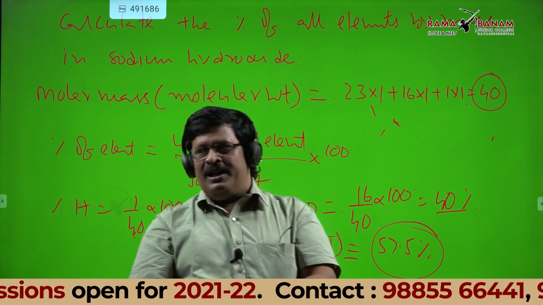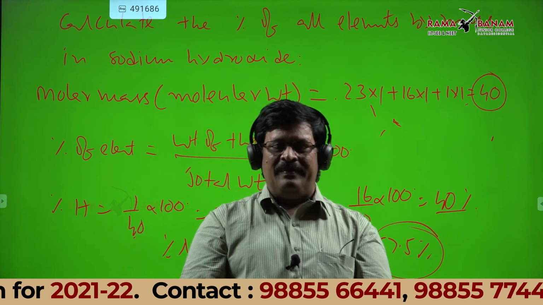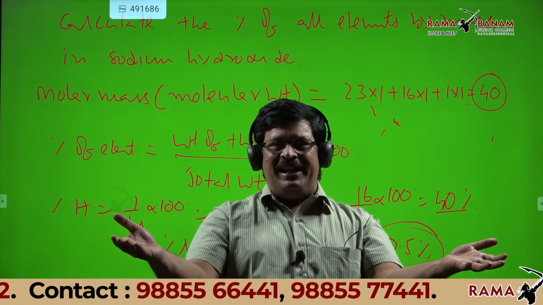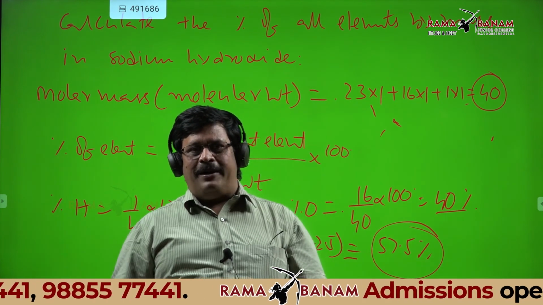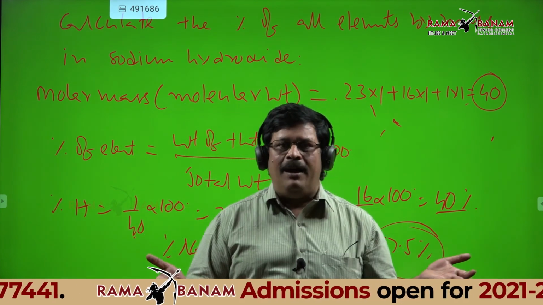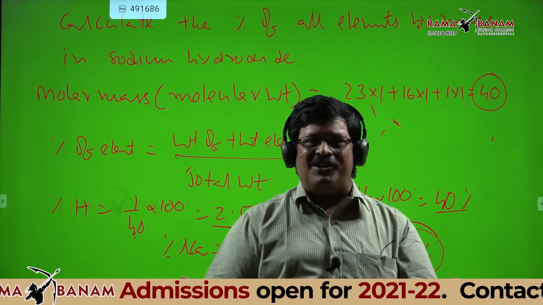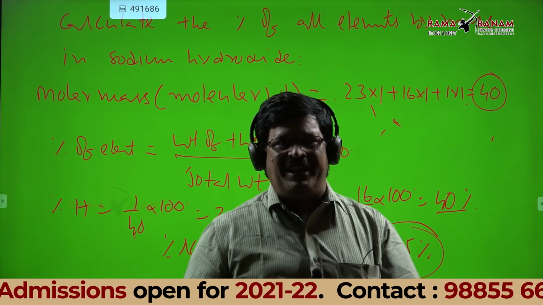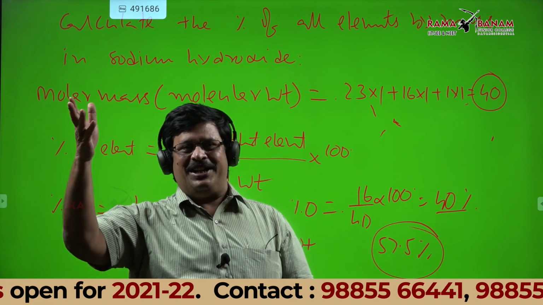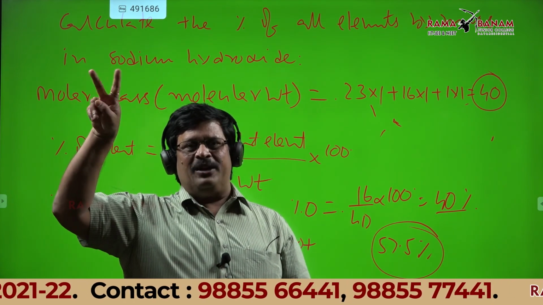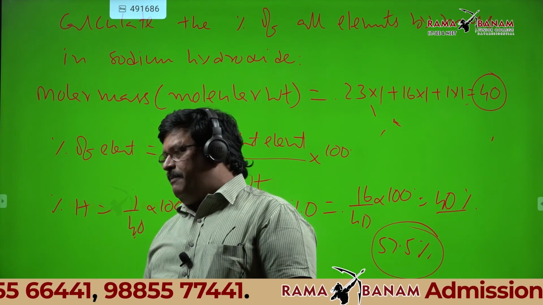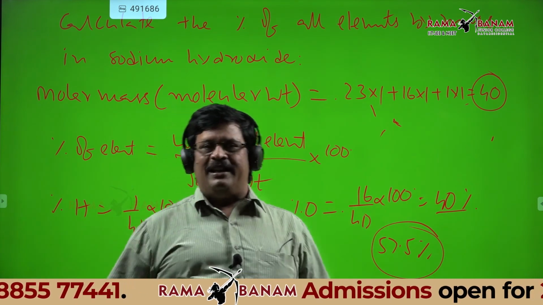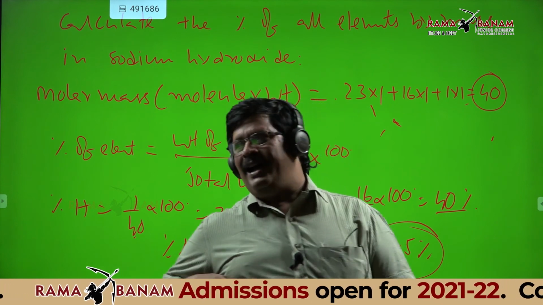Why did everyone start with sodium? Hydrogen is easy, oxygen is easy. 23 by 40 is not a difficult one, but compared to hydrogen and oxygen, it is a little bit difficult calculation. So don't do such calculations. You calculate any two simple elements and subtract that sum from 100, then you will get the third one. Okay?